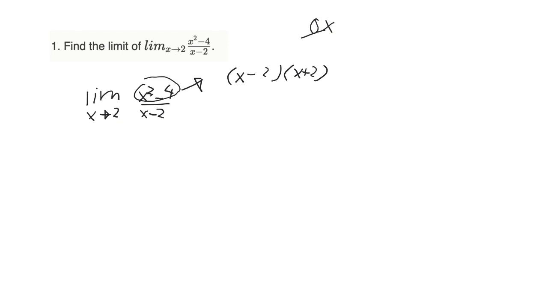The reason for this is that when we multiply this through, we're going to get x squared, then 2x, then negative 2x, and then finally negative 4. You know that this is going to be the case, that it's going to be in this form, when you have a perfect square.